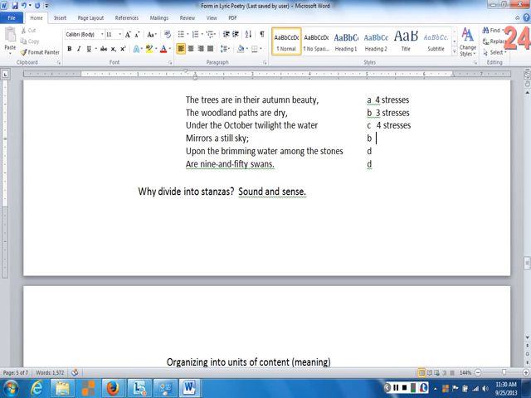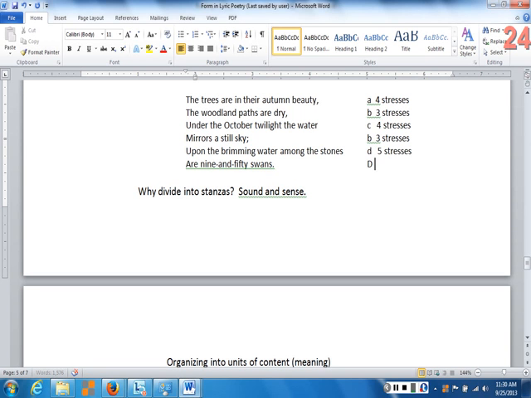Mirrors a still sky, 3 stresses again. And then here's where Yeats goes into his 5 stress line, his iambic pentameter. Upon the brimming water among the stones are 59 swans.